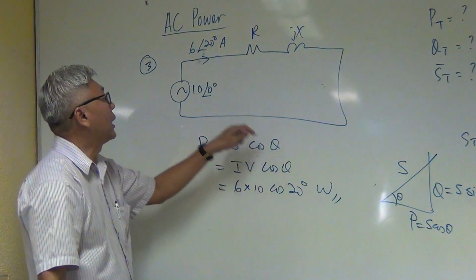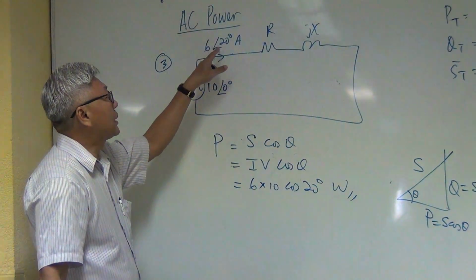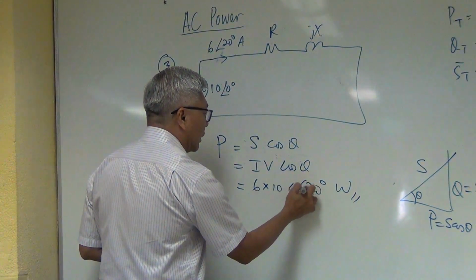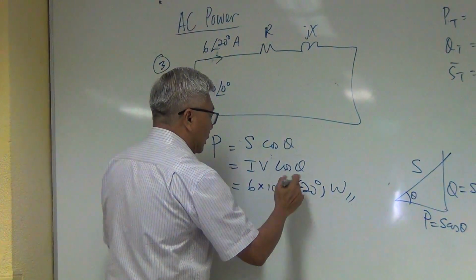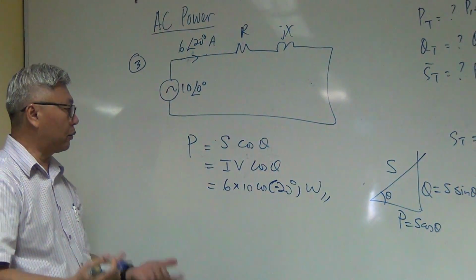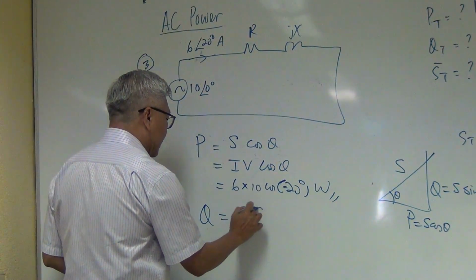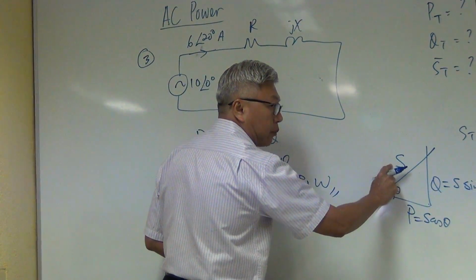The angle here is the theta V minus the theta I. So it's 0 minus 20 degree, that's minus 20 degree. Right? Cosine minus 20 degree is the same as cosine 20 degree. Okay, so whether you say cosine minus 20 degree or cosine 20 degree is the same thing. Then Q is equal to S sine theta. Can you still recall that? Opposite divided by hypotenuse.